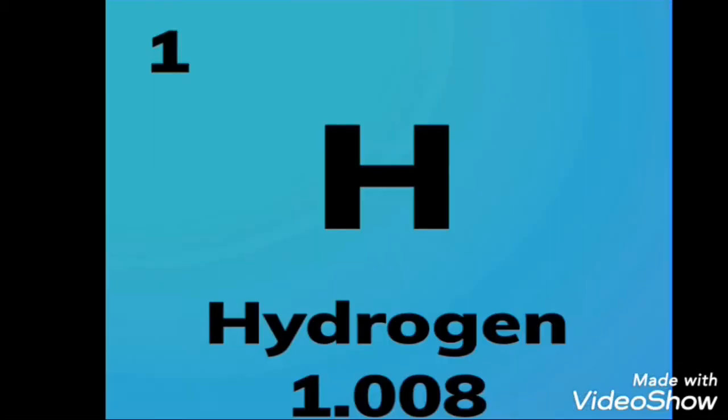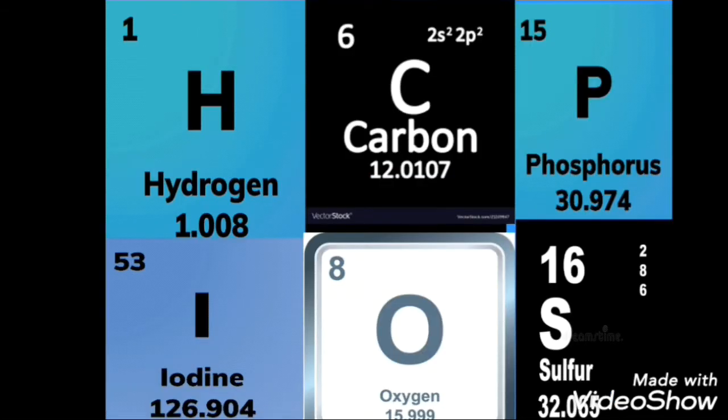Now we'll see the rules to follow while naming the elements. The symbols of the most common elements, mainly non-metals, use the first letter of their English name. For example, hydrogen, H. If the element has a single English letter as a symbol, it should be written in capital letter.